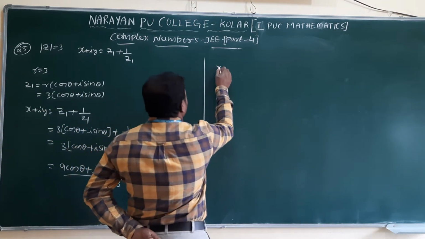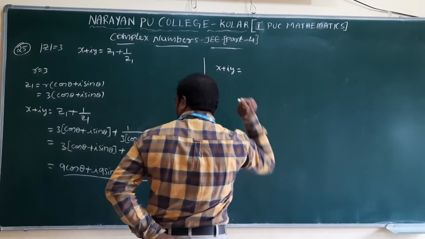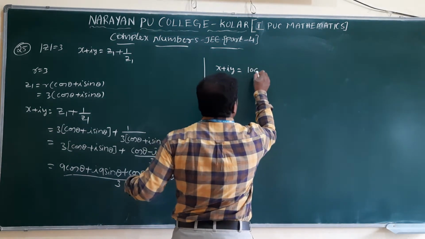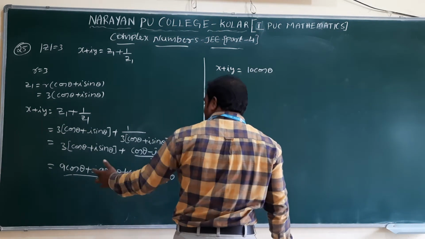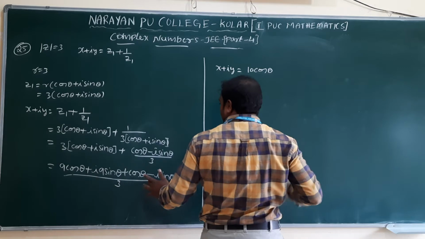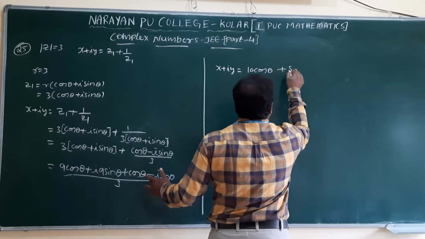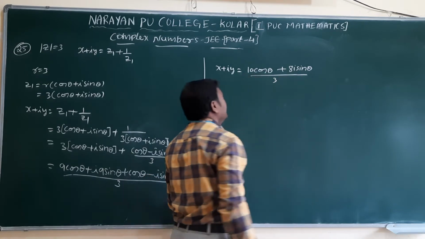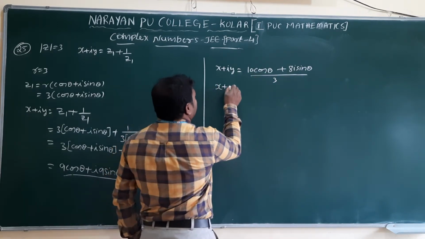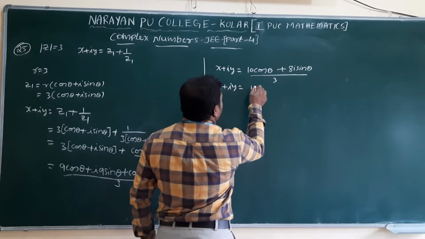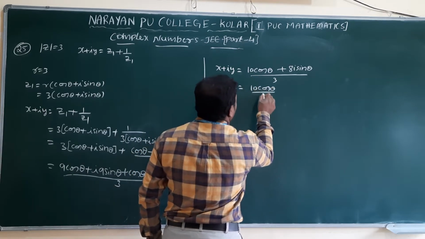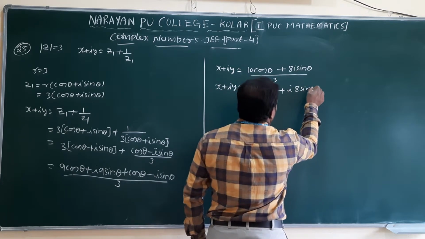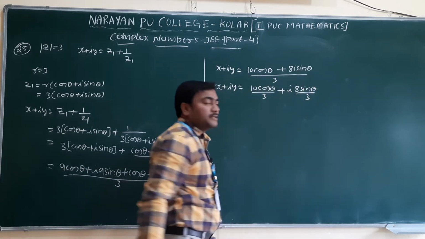Here x plus iy is equal to 9 cos theta plus cos theta, 10 cos theta, plus i 9 sin theta minus i sin theta, 8i sin theta, whole divided by 3. Separating real and imaginary parts, 10 cos theta divided by 3 plus i into 8 sin theta divided by 3.